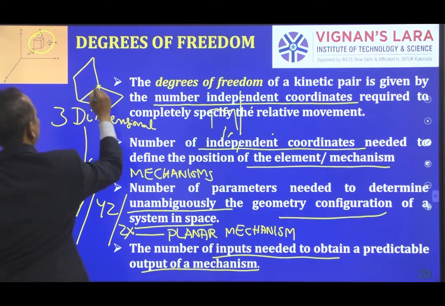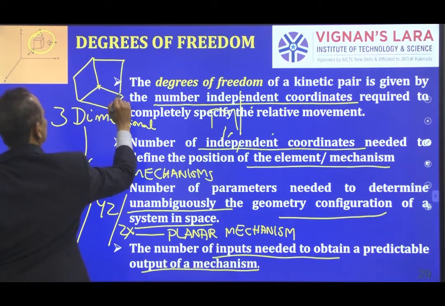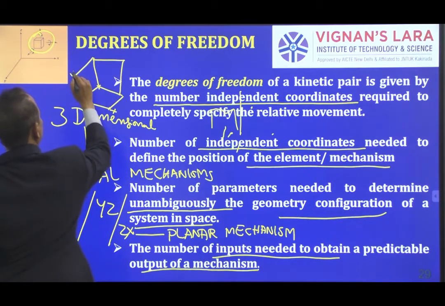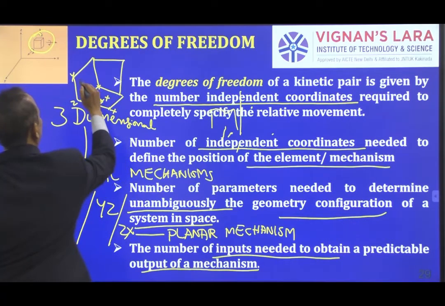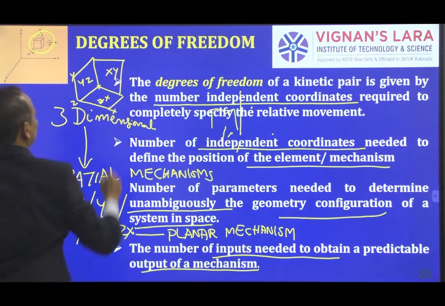This is one plane, this is another plane, this is another plane. Say if I call this X, this Y, this Z, this is ZX plane, this is YZ plane, this is XY plane.